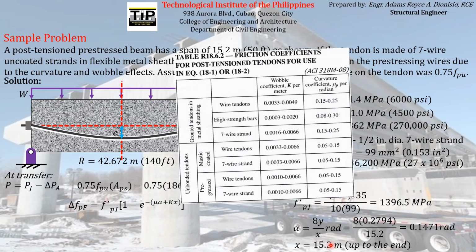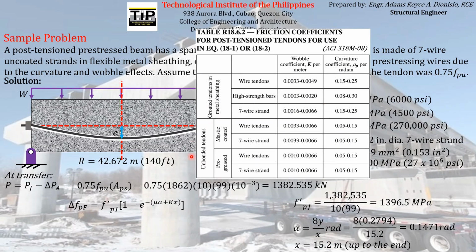For the values of the coefficients, specifically mu and k, we can use this table coming from ACI 318M-08. Since it was specified that the pre-stressing wire is a 7-wire strand, we can use the corresponding coefficients given on this table for 7-wire strand, grouted tendons in metal sheeting.